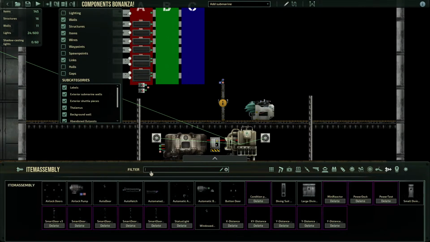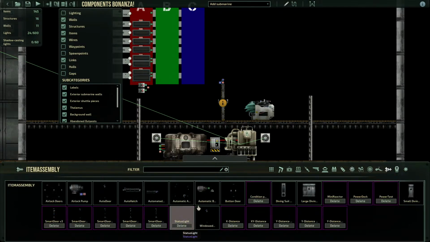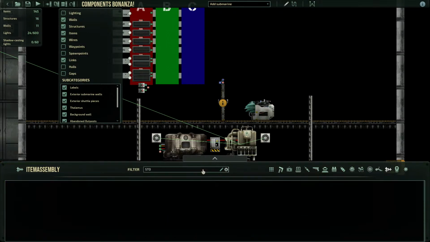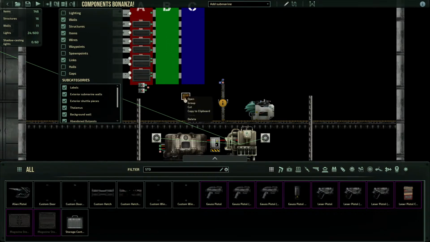Hang on here. We need a cabinet. Oh wait, no, I think I have it in my assemblies. Do I have a smart door? Okay, we're going to make a storage thing here. Storage container. Open it.